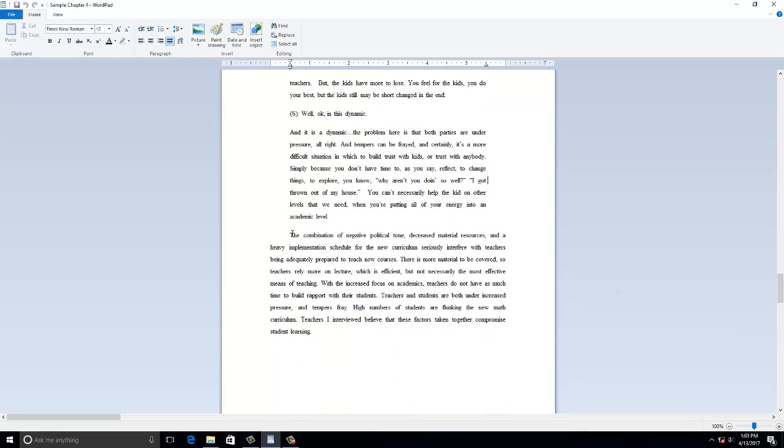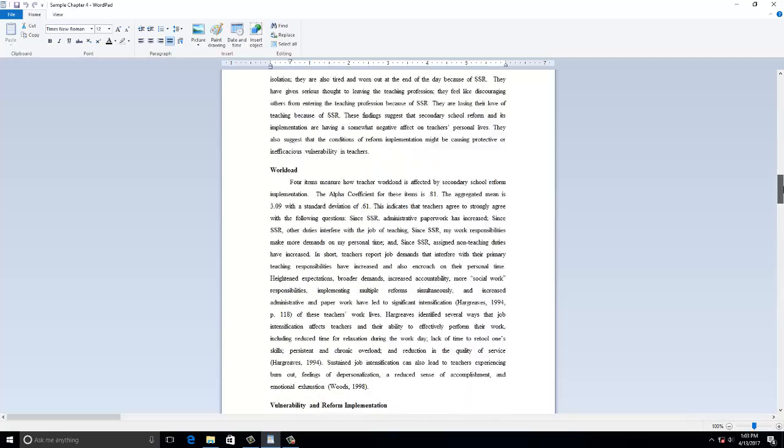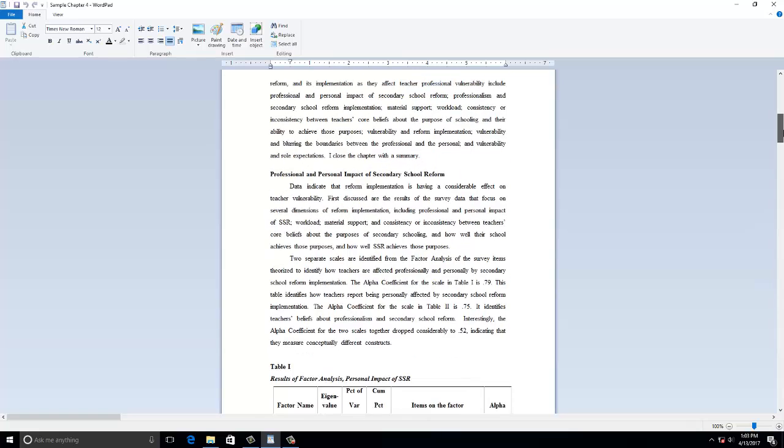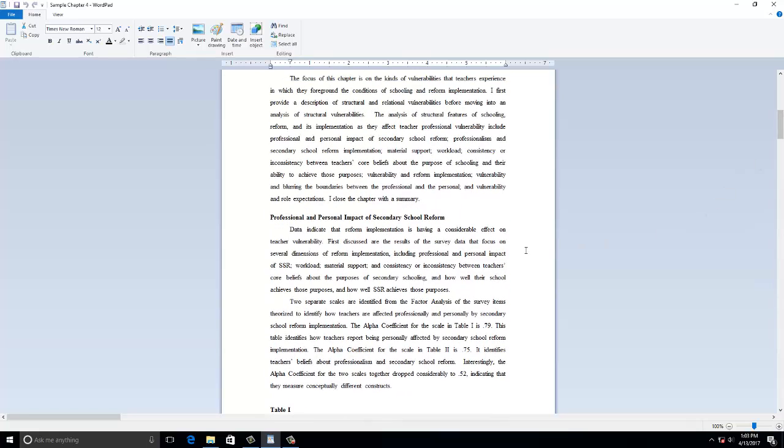Now, next we have the interpretation of that data. Okay? So what you can see with both the quantitative and the qualitative data is that you first introduce your data, and if you're doing quantitative, you have to describe it in words.